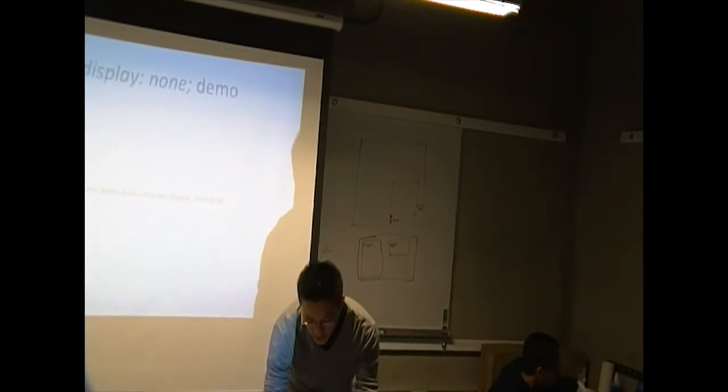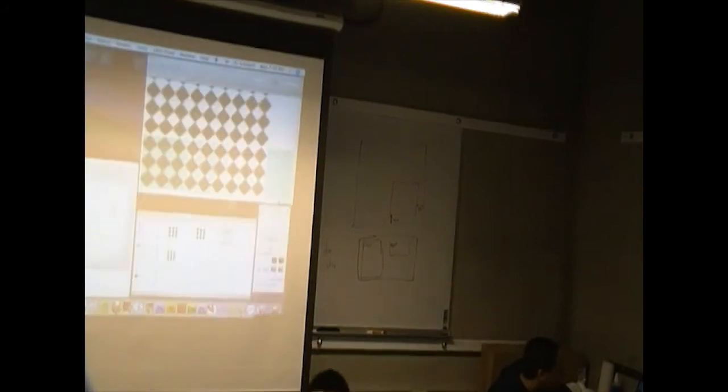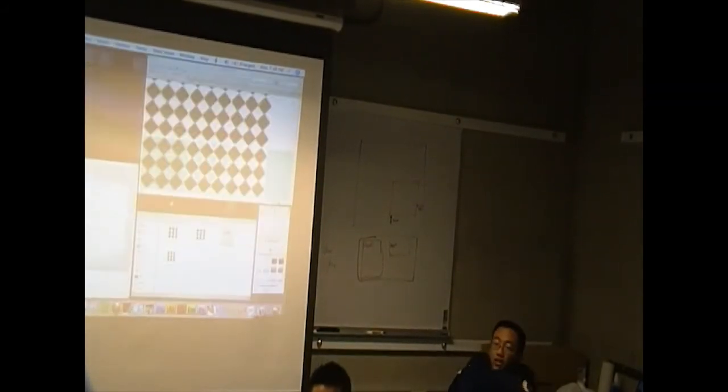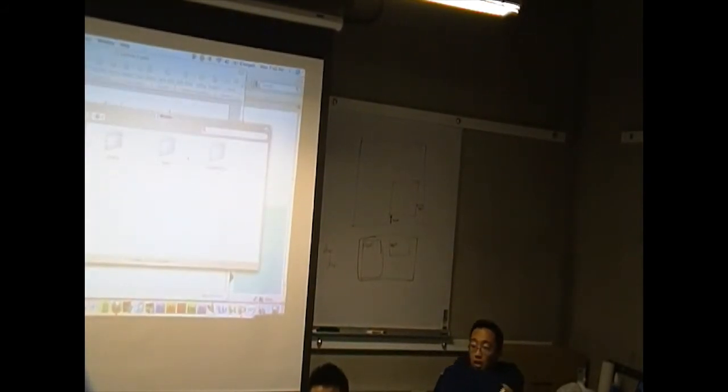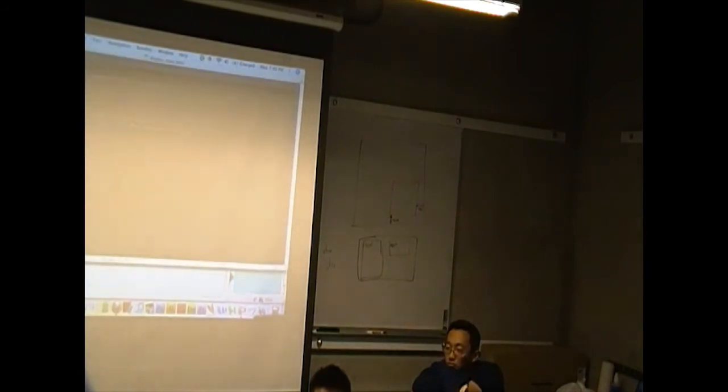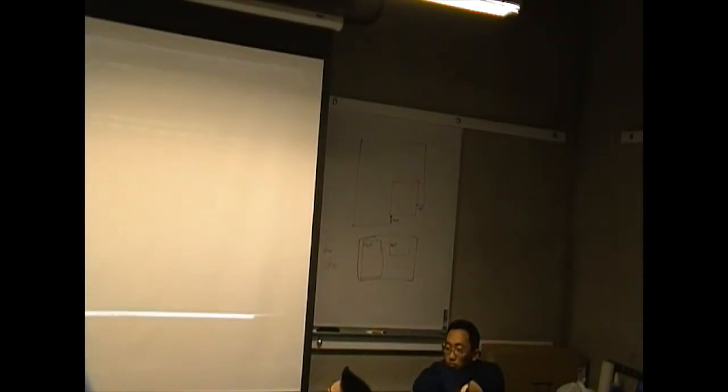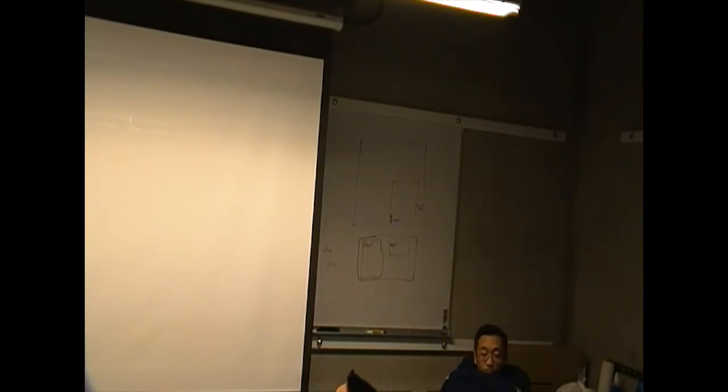Okay, so here's just a quick demo of display none. Okay, so there's 2 divs here, and I'm using inline styling. And the first one is just no display value set, and the second one is essentially the same thing as the first one, except it has display none. Okay.